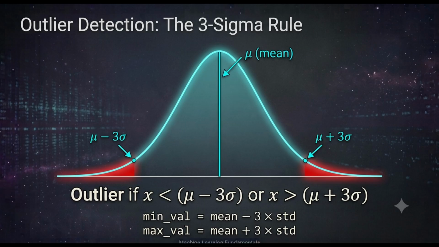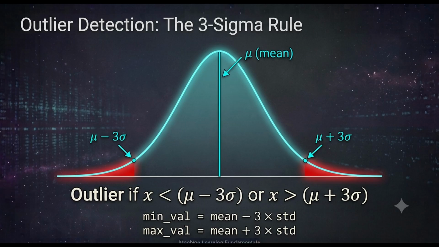You compute the mean of the feature, and you compute its standard deviation, which is just a measure of how spread out the values are. Then you draw 2 fences. One is 3 standard deviations below the mean, and the other is 3 standard deviations above it. Anything outside those fences is flagged as an outlier. This is the famous 3 sigma rule.